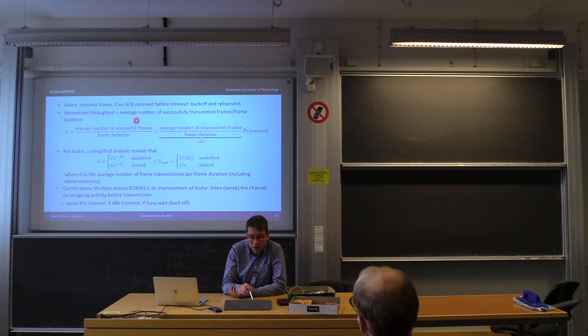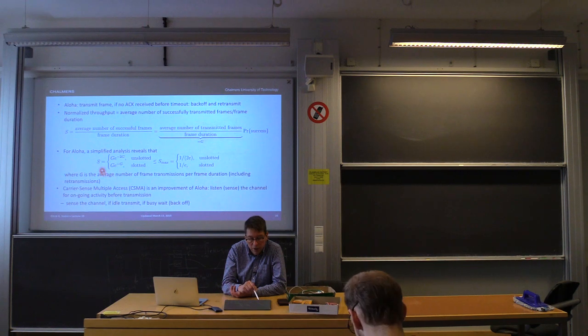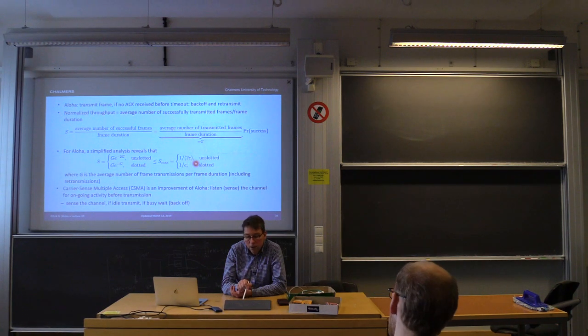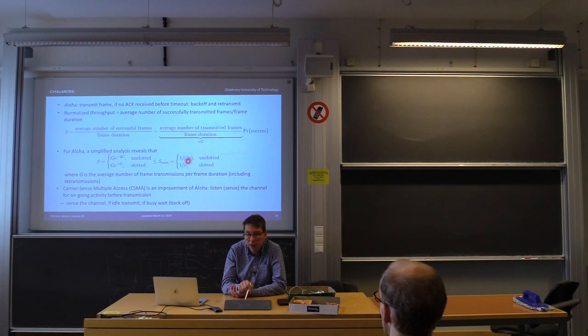The normalized throughput is given by this equation, and we did some simplified analysis and figured out that the maximum normalized throughput is 1 over 2e for the unslotted and 1 over e for the slotted one. Here e is Euler's number, 2.7 something.